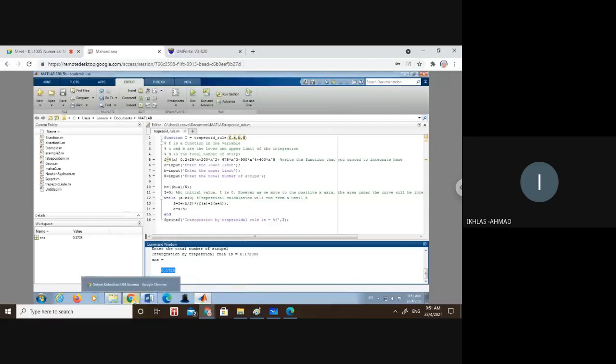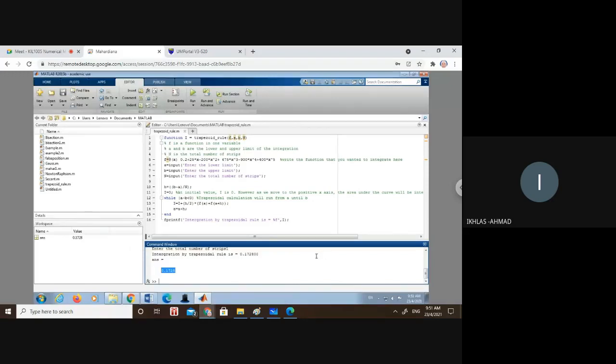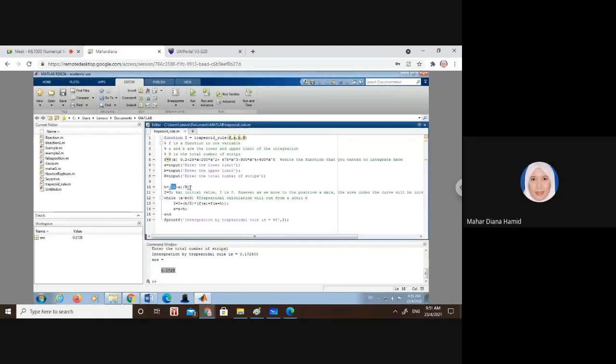Sorry, for the equation in the while, why is it h over 2? H over 2. Because h over 2 is actually this one, is it? This one. Yeah, yes, that one. Why h over 2?